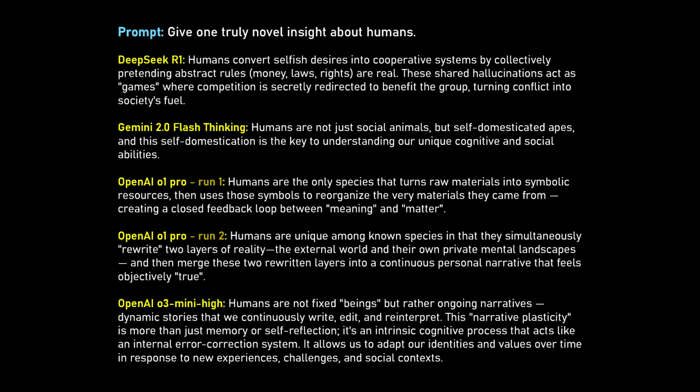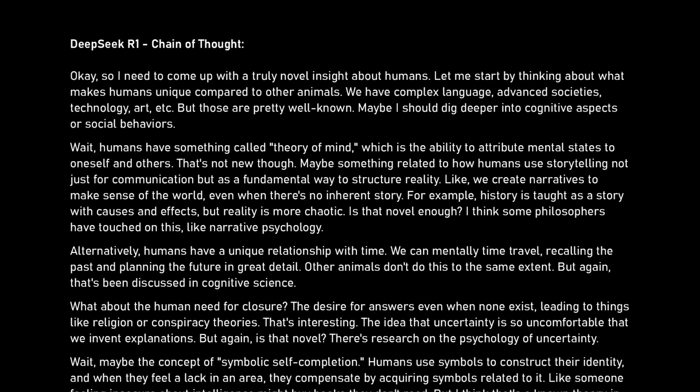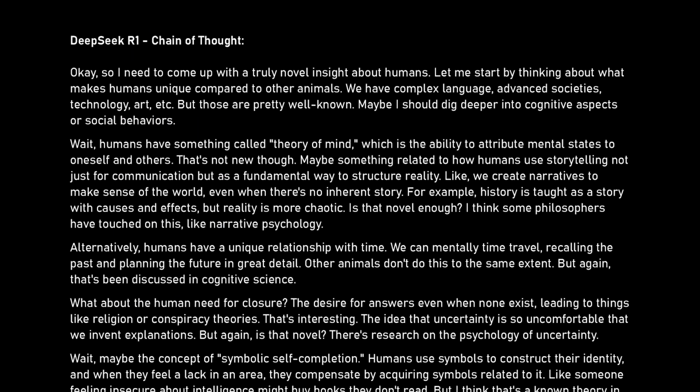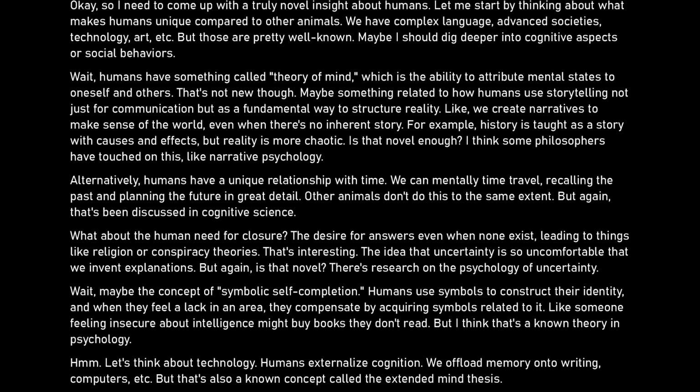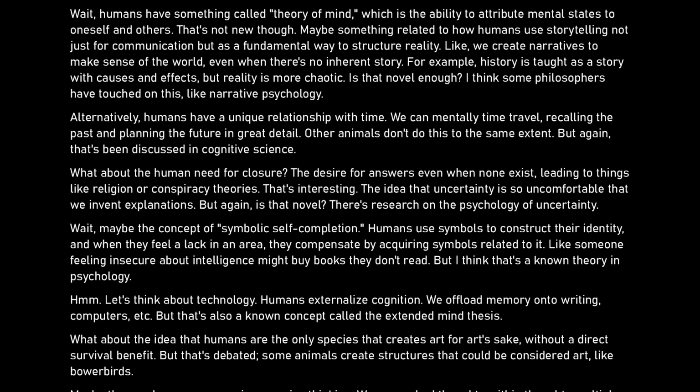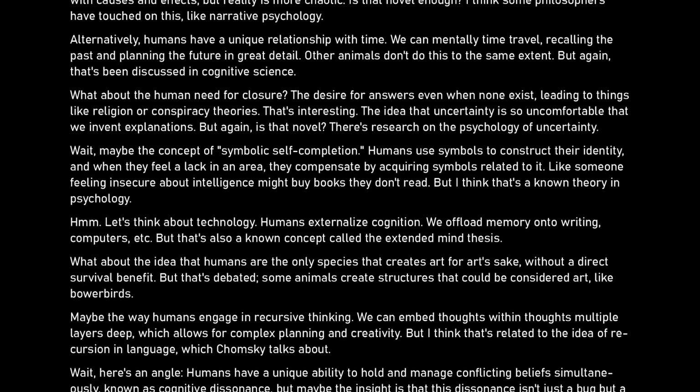Now, another important element for each of these models is how the reasoning is presented. DeepSeek R1 shows the full chain of thought tokens, which I personally just love. For these open-ended philosophical questions, it's really, really interesting to see the model think through it.